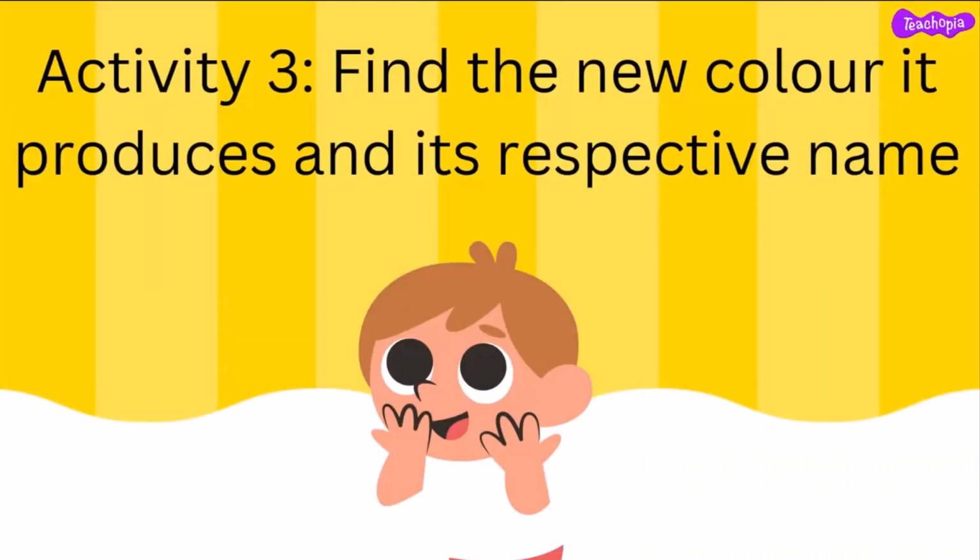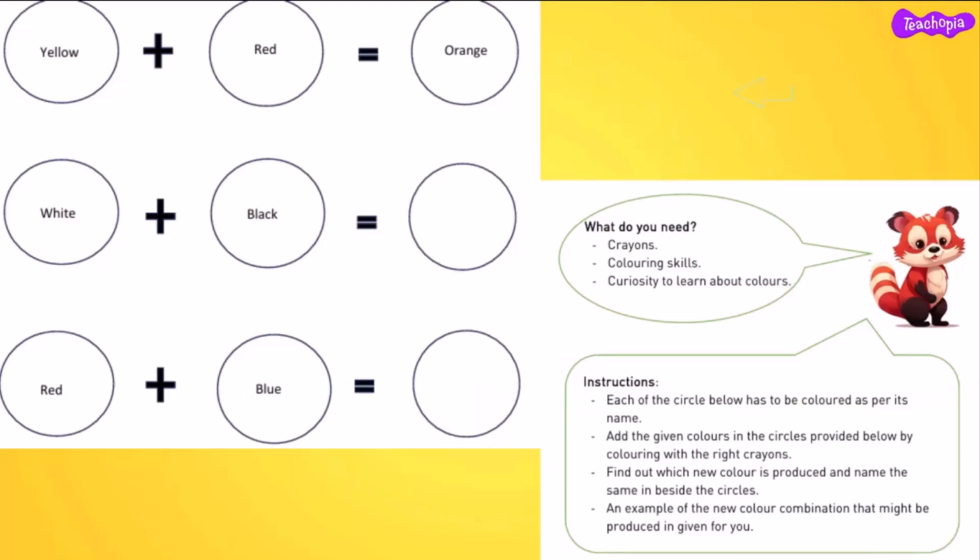Activity 3, find the new color it produces and its respective name. For this, our learners need coloring skills and the curiosity to learn about new colors formed. If you see the PBL sheet, it says yellow plus red gives you orange. So the learners can shade the first circle in yellow, the second circle in red, and the third circle, the color produced, in orange.